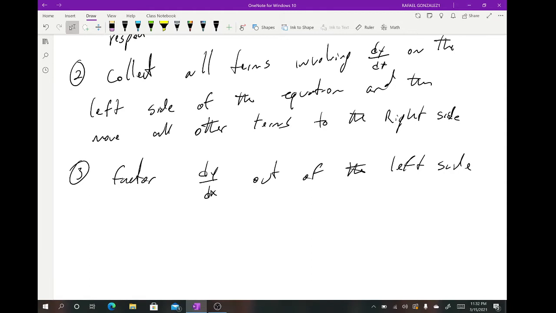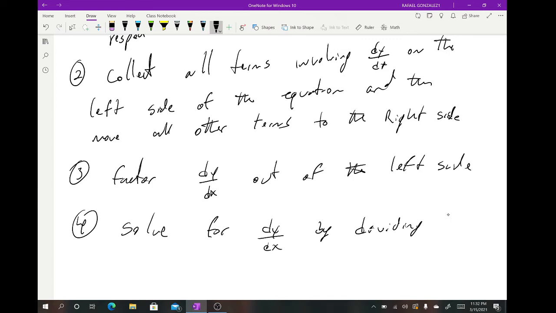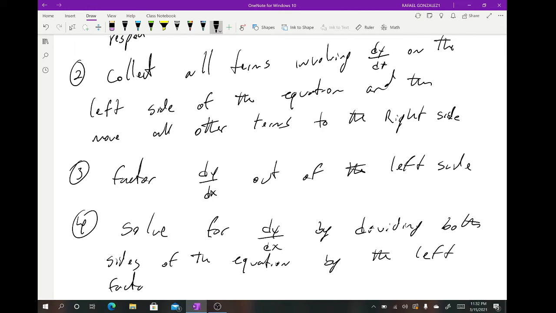And number 4 is to solve for dy dx, typically by dividing both sides of the equation by the left-hand factor that does not involve dy dx.